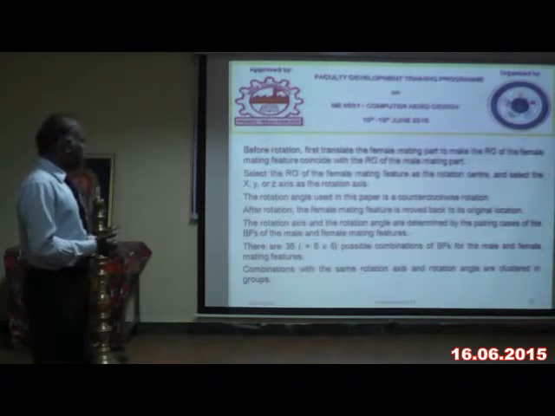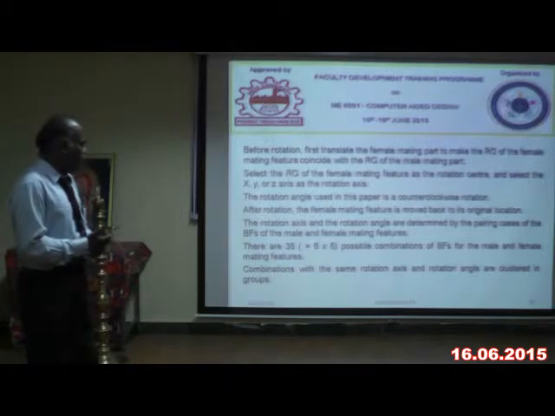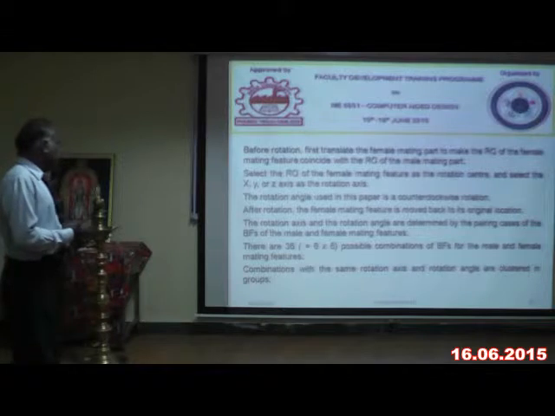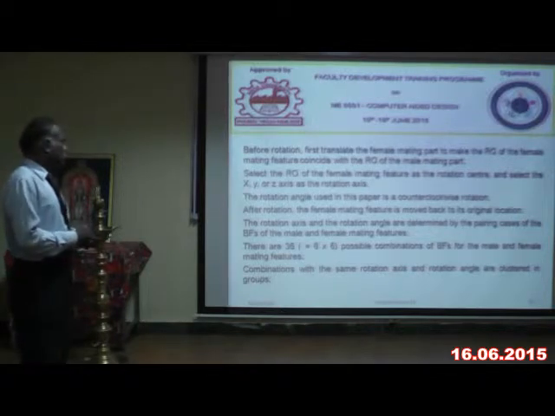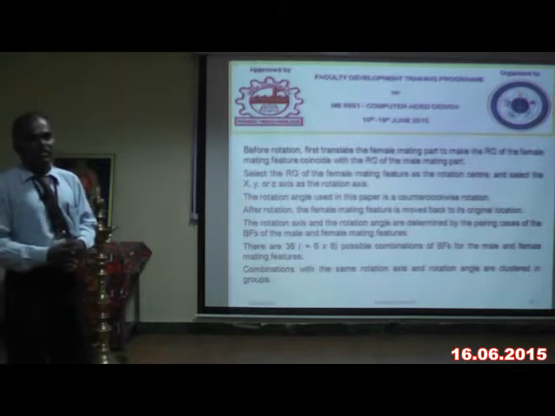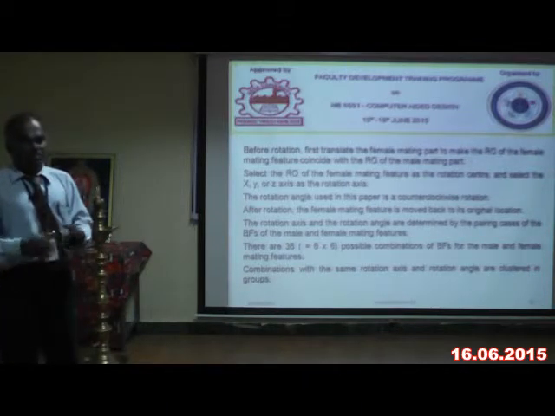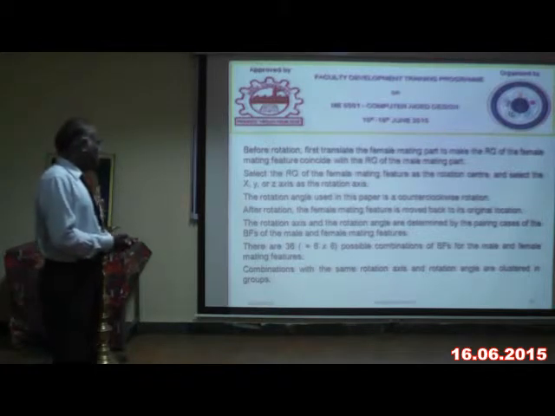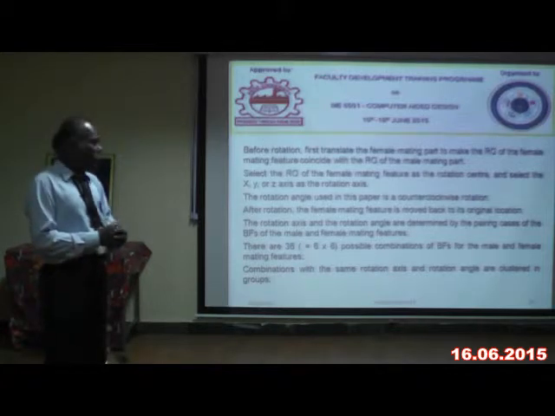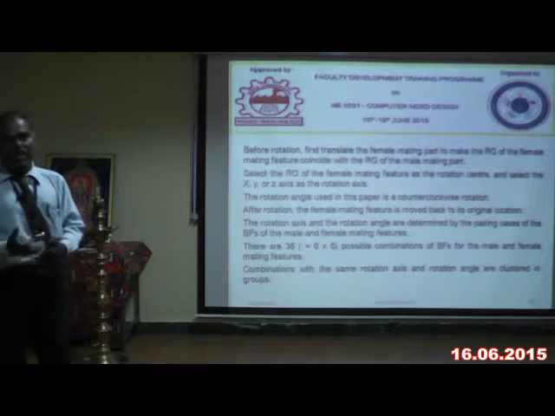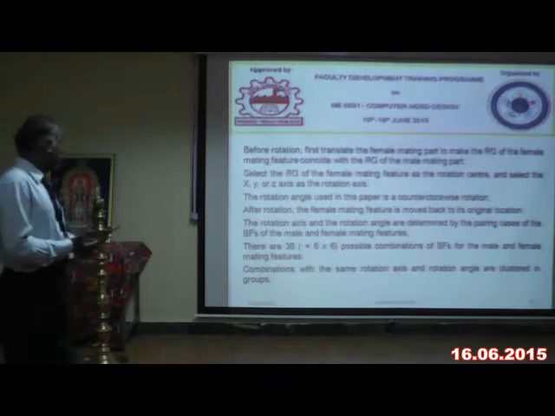Select the reference origin from the female part features as the rotation center, and select the x, y, z axis of the rotation angle. X, y, z is nothing but a reference point. The rotation should be made from the reference point. The rotation angle is used in the counterclockwise rotation. The rotation angle must be moved by counterclockwise rotation.